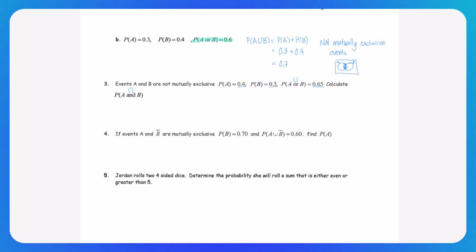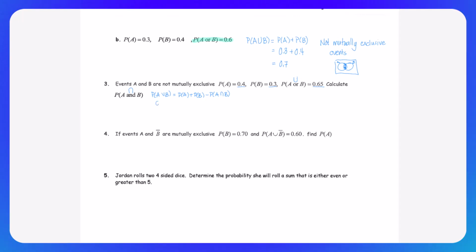So going back to our formula, we have the probability of A or B equals the probability of A plus the probability of B, and we're going to minus that intersection so we don't double count it. Now let's fill in what we know.